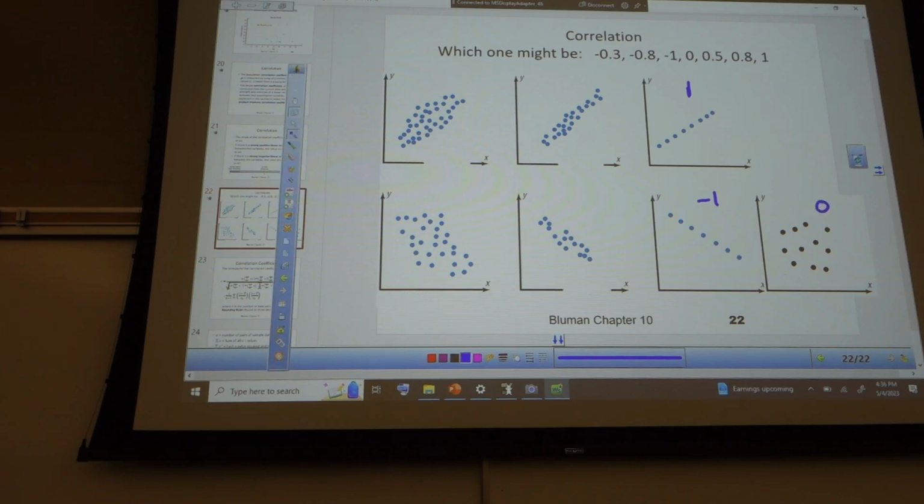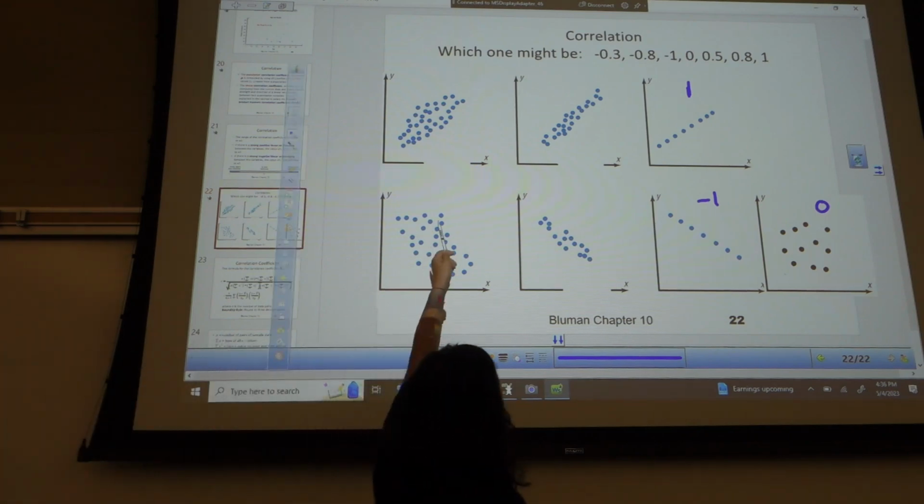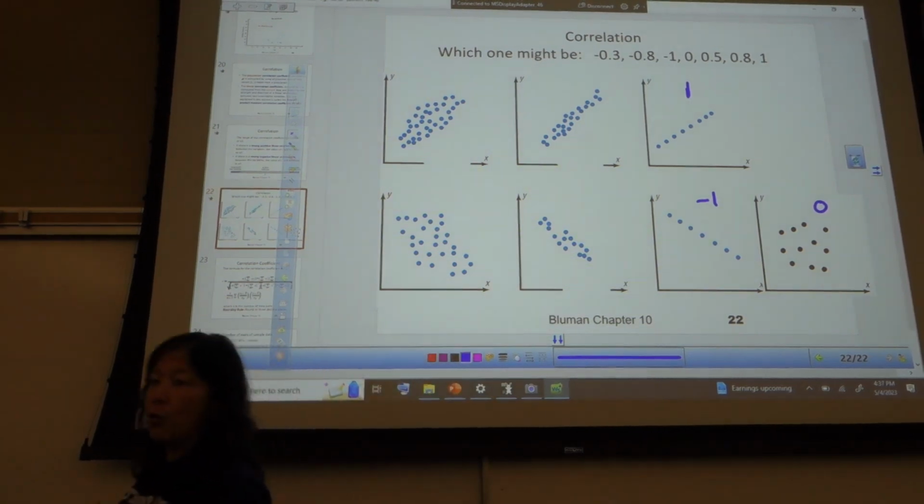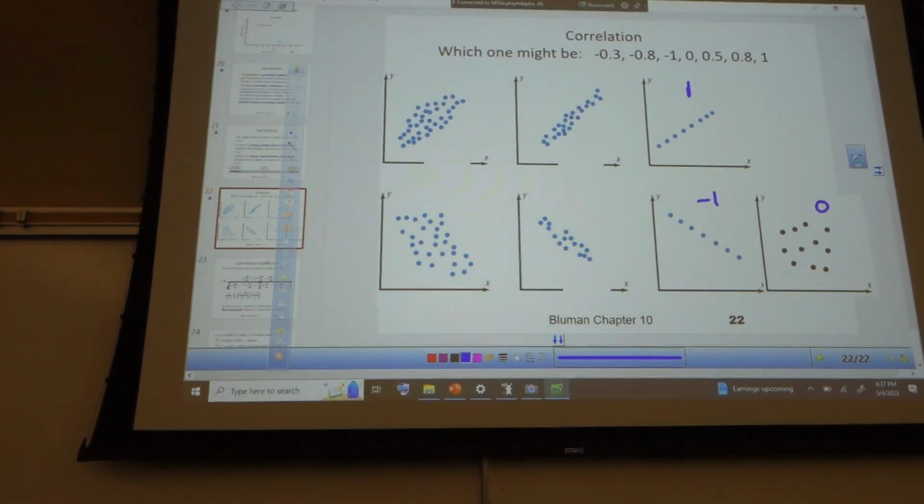Good. That leaves these two here. Are those positive or negative? Positive. Which one is more like a line, the first one or the second one? Second one. So that should be closer to 1. Is that one going to be 0.5 or 0.8? 0.8. Does that make sense to folks?